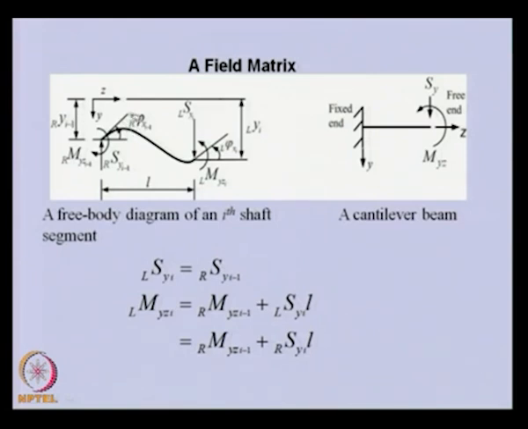These are the two field variables, linear displacement and angular displacement, representing the displacement of the shaft at the I minus 1th disc. Apart from this, we have the shear force. We take the positive convention of strength of materials for the shear force, so S y is the shear force in the y direction at the I minus 1th disc, right of that.